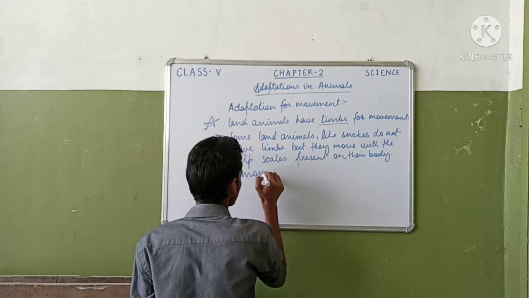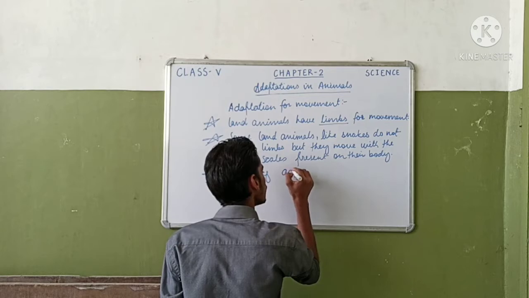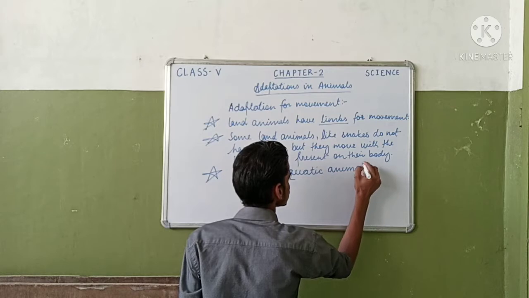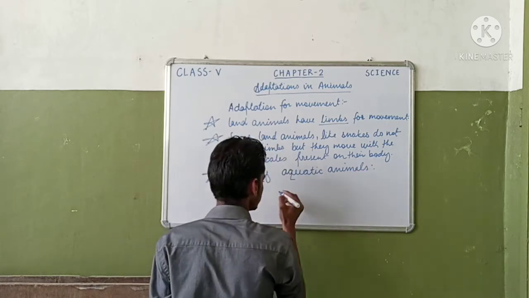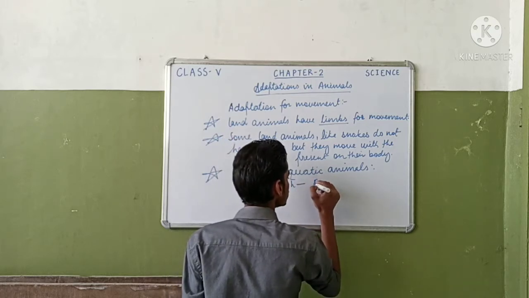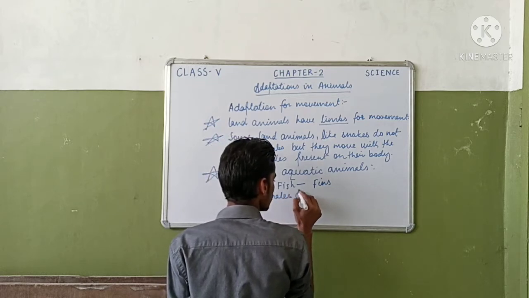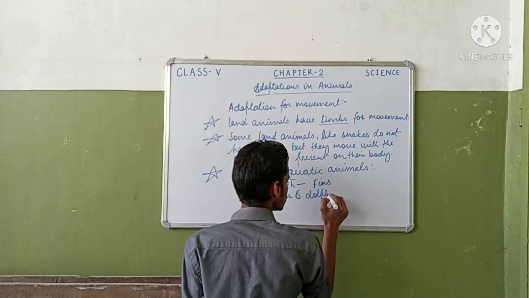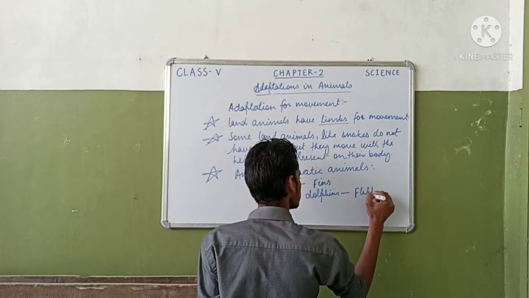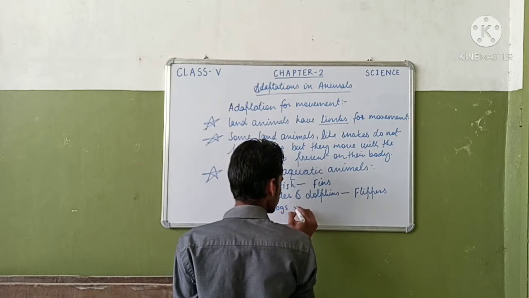Among aquatic animals, fish have fins, whales and dolphins have flippers for movement.